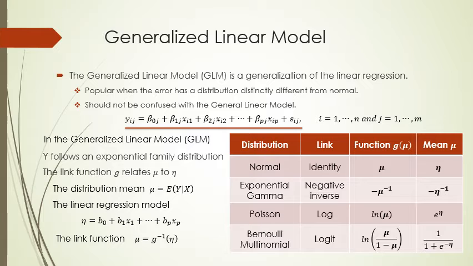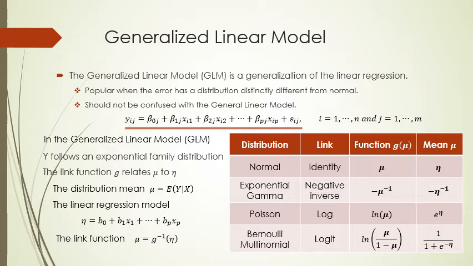We have m dependent variables estimated simultaneously. Note that in the general linear model, instead of one coefficient estimate for each predictor, now we have a set of m coefficients for each predictor.